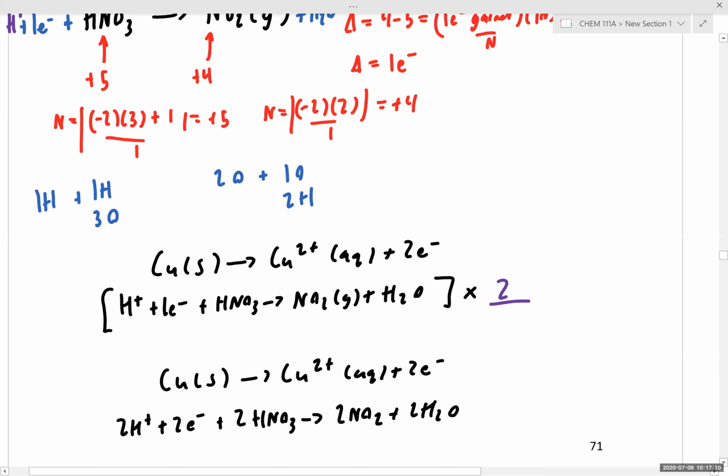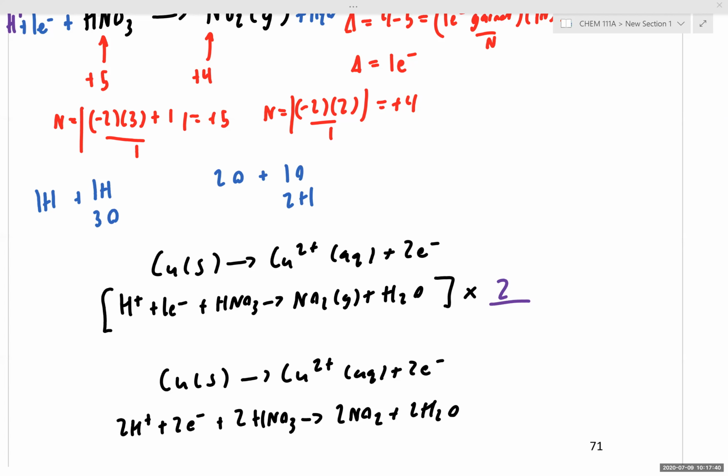The reason why we don't take into account the copper nitrate and the nitrate is the fact that for redox reactions, you only really care about the net ionic equation. If the nitrate isn't undergoing a change in oxidation number, and it's not participating in the chemical reaction, then in the net ionic equation, the nitrate won't be present.